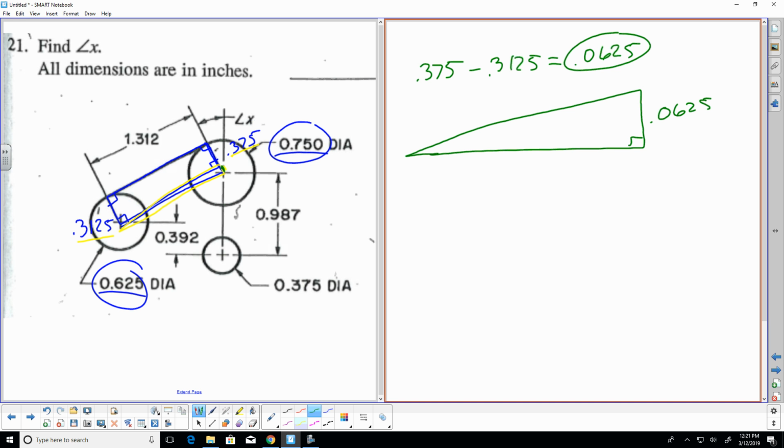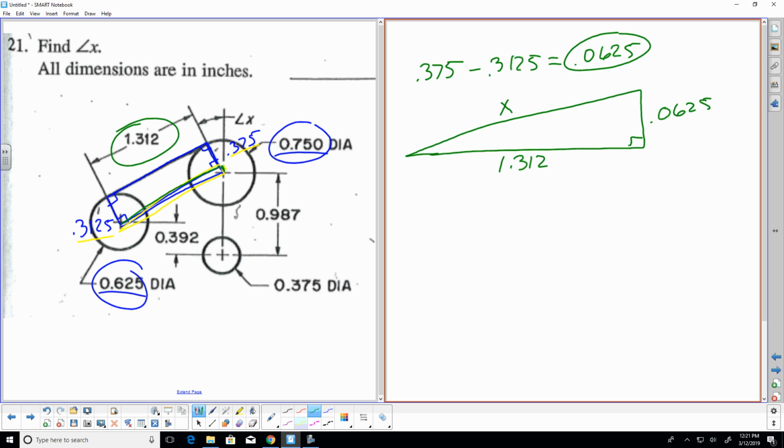Now, on my base, from the base of this triangle right here to the base over here, I know that distance is this. So I'm going to write that down. That's 1.3125. Okay, good. Now, all we have to do is find this distance right here. I'll call it x.